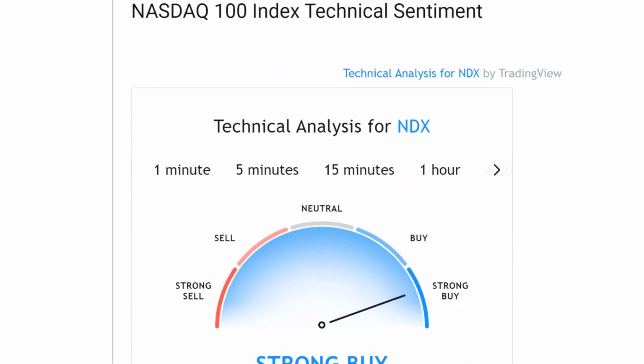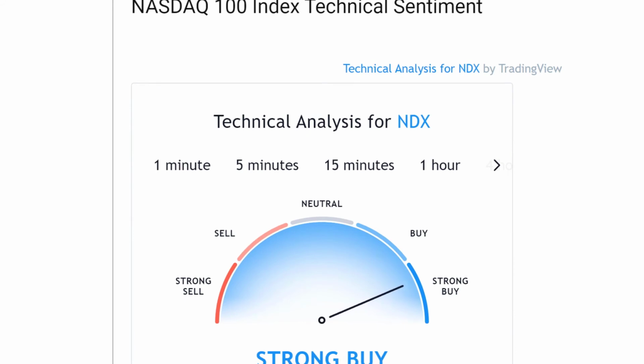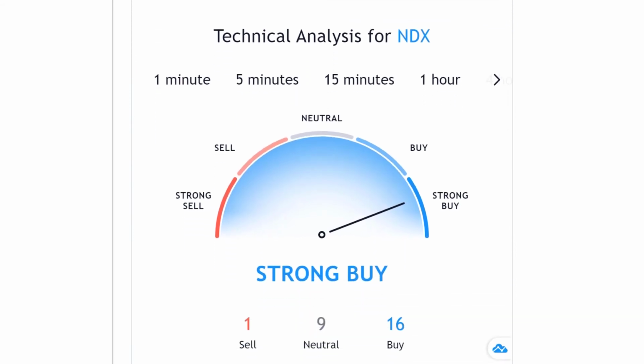Now we can scroll down here and look at the NASDAQ 100 index, technical sentiment. And here we see the NASDAQ is typically a lot more bullish overall than the S&P 500. In fact, the NASDAQ 100 typically outperforms the S&P 500 by at least 5 to 7% a year in the last 20 years.